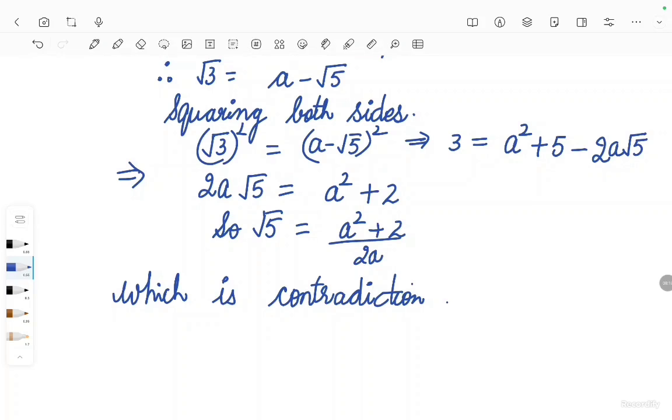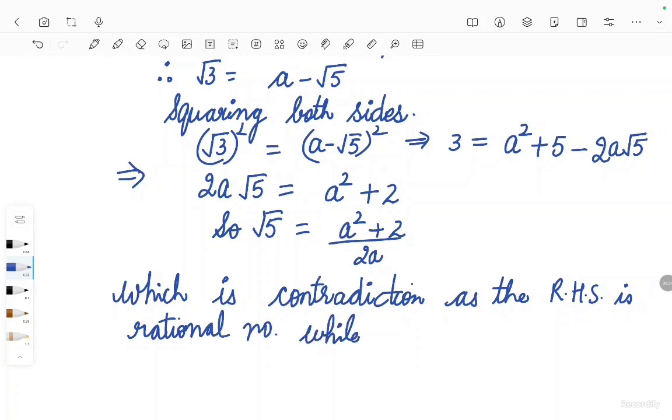Why is it a contradiction? As the right hand side is a rational number, while root 5 is irrational.